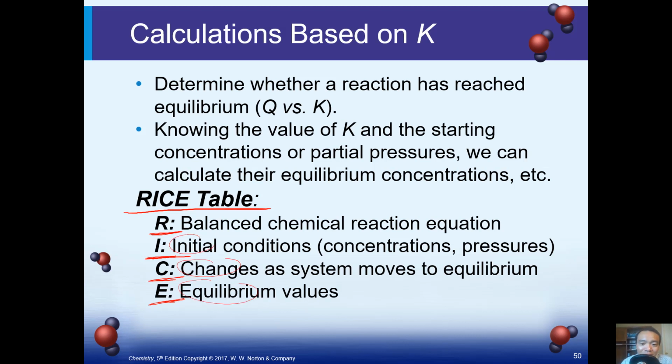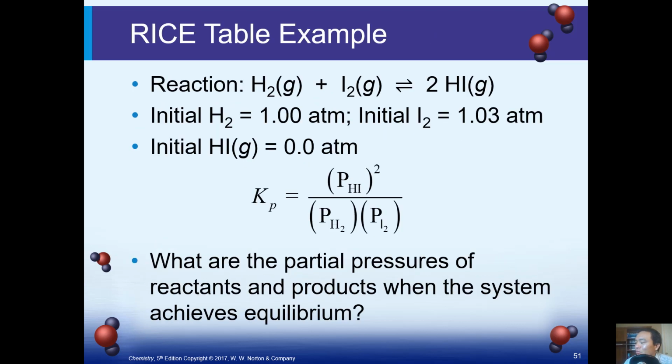All right. So let's look at one example, how you set up a so-called RICE table or ICE table. You give a reaction between H2 and I2. So hydrogen reacting with iodine gives you 2 moles of HI, hydrogen iodide gas.